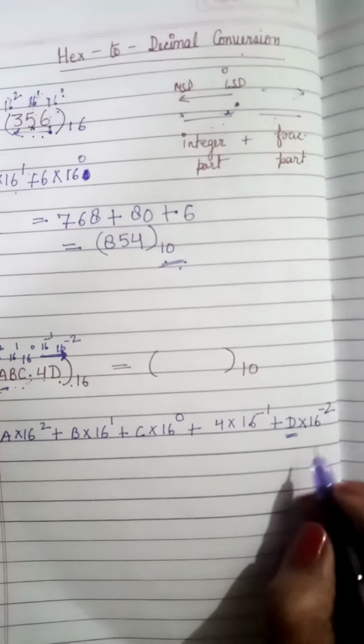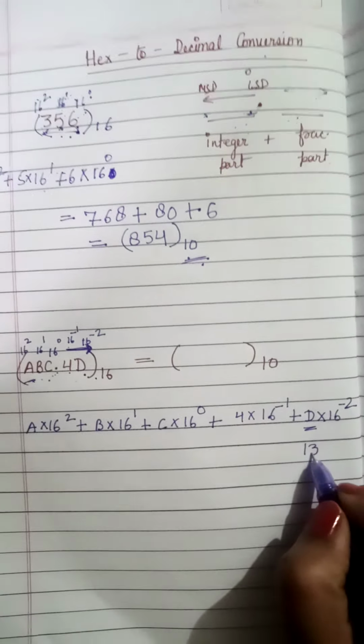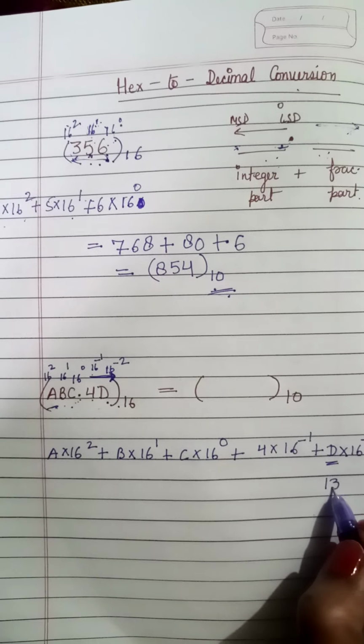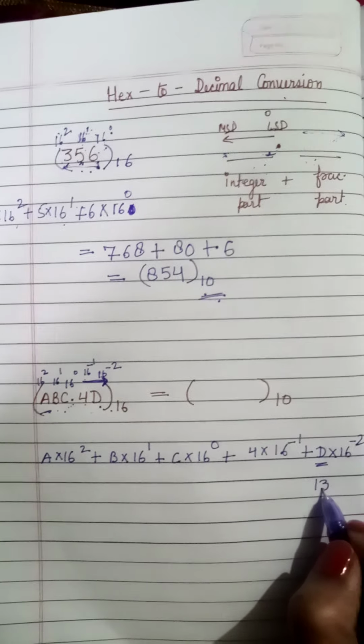D is equivalent to 13 in hexa. In the hexadecimal number system we work with 16 numbers in total, out of which till 9 we write digits, and after 9, instead of writing 10, 11, 12, 13, 14, 15, we will be writing A to F. So D will be 13, so this will be 13 into 16 power minus 2.